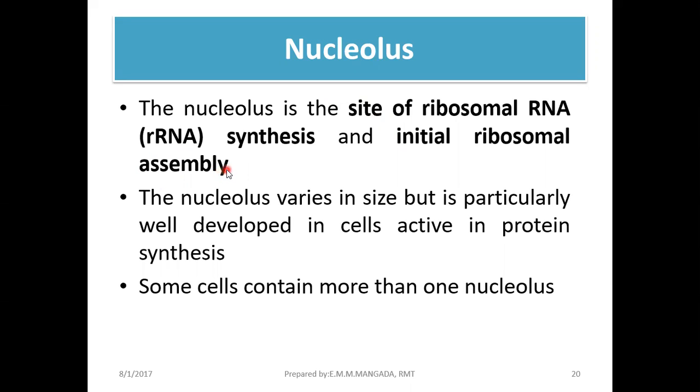The final assembly of the subunits occur doon sa ating cytoplasm, ibig sabihin, outside the nucleus. So, lumalabas yung mga materials doon sa ating nuclear core, from the nucleus outside, papunta sa cytoplasm for the final assembly.